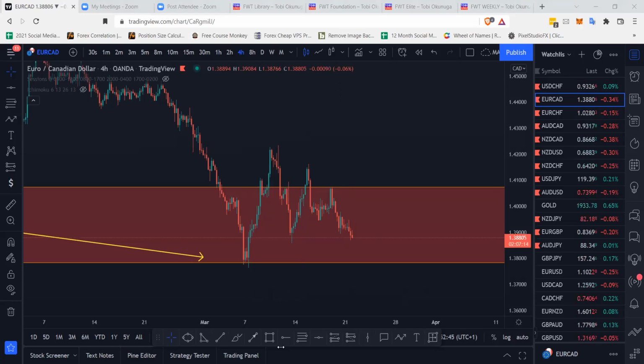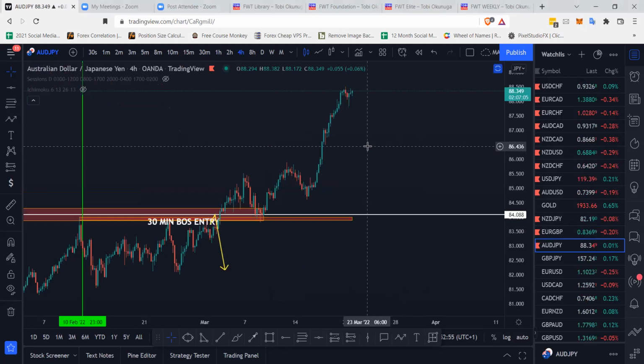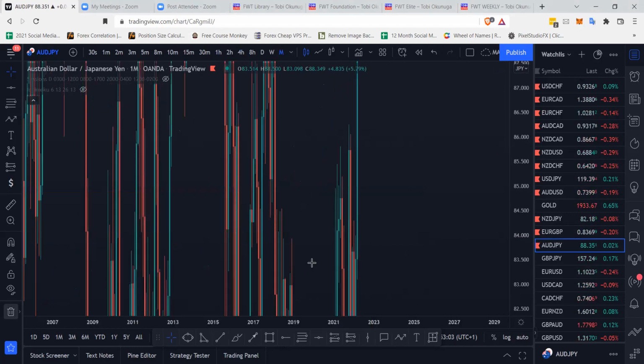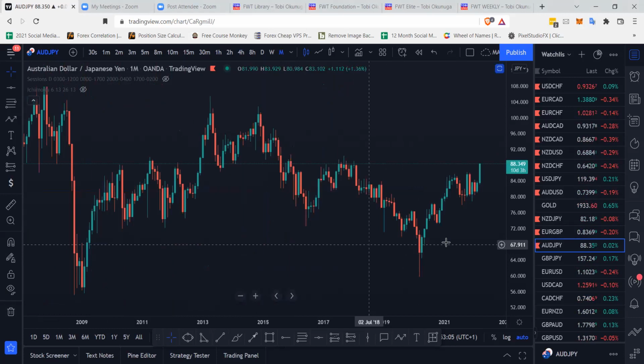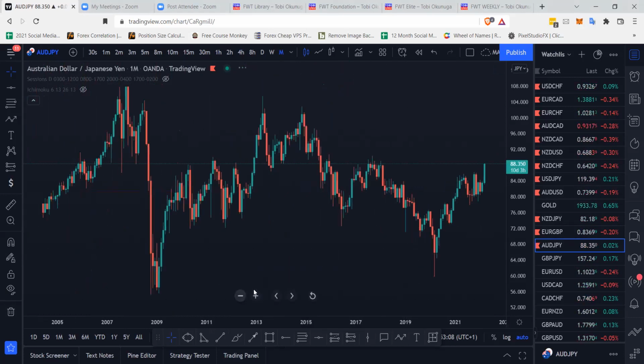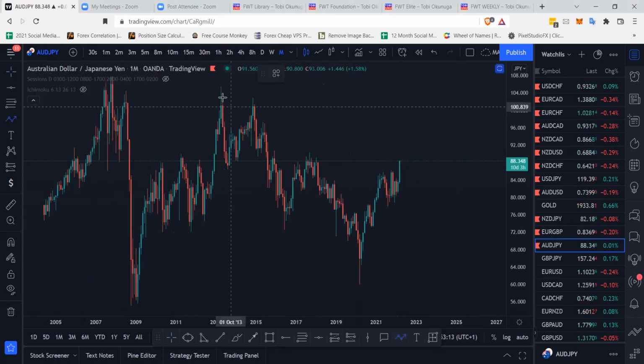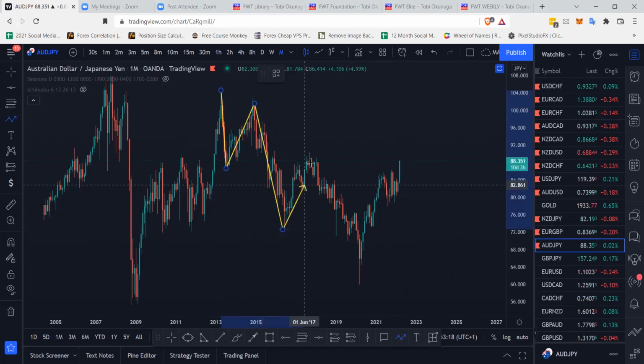So let's check out another one, AUD JPY. Let's go to monthly. What is monthly telling us? Impulse, correction, impulse, correction, impulse.